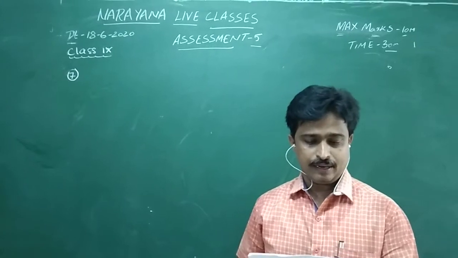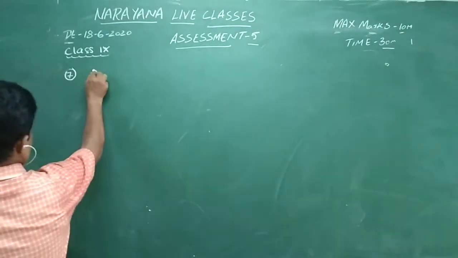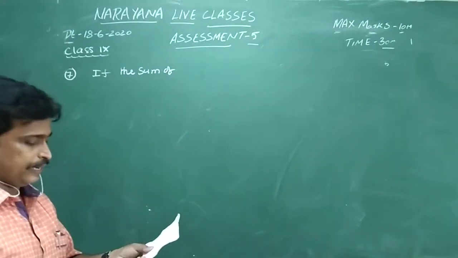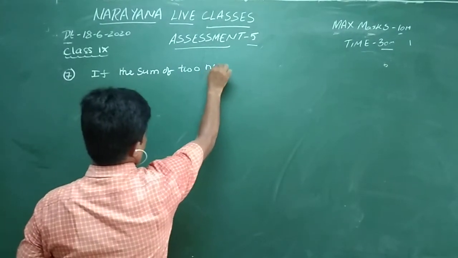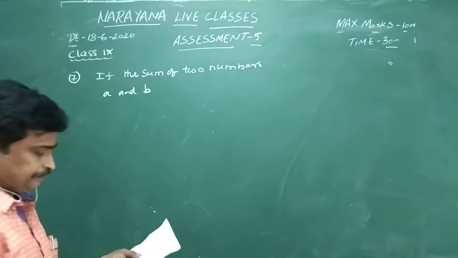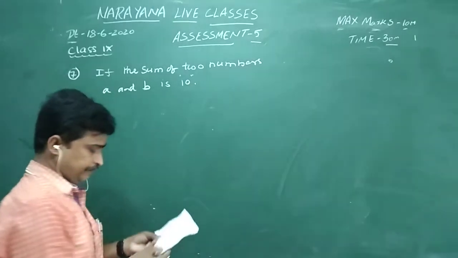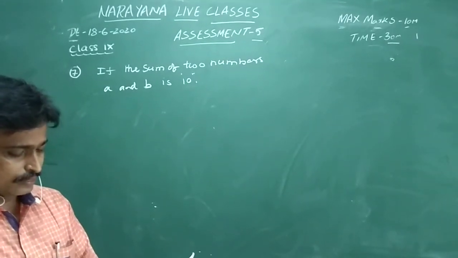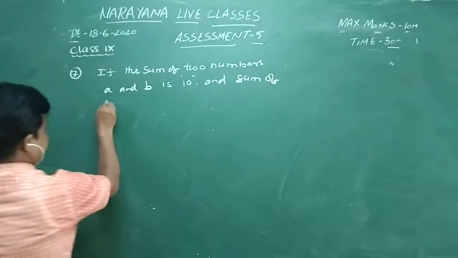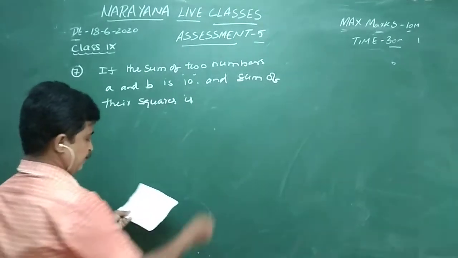Okay, coming to question number 7. If the sum of two numbers a and b is 10, and the sum of their squares is 52.